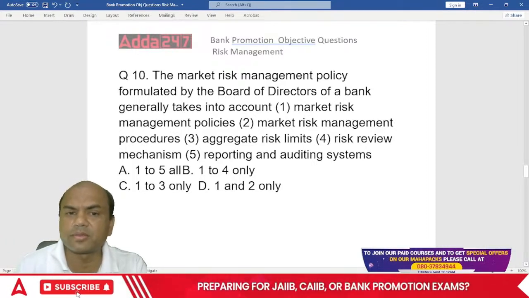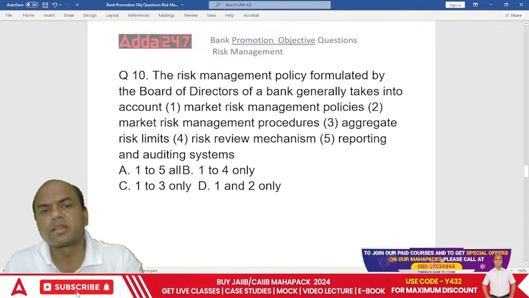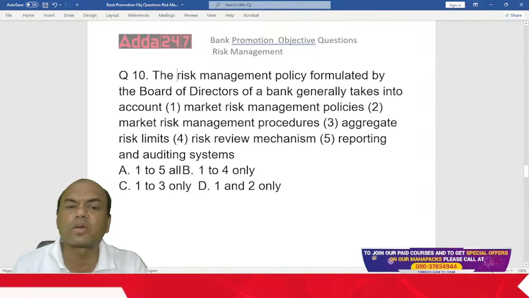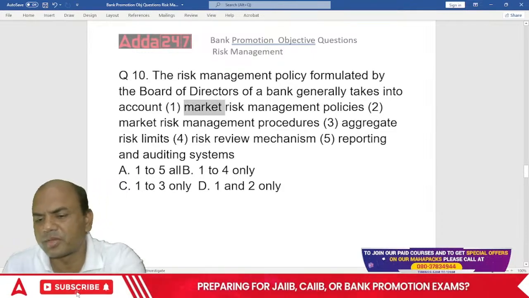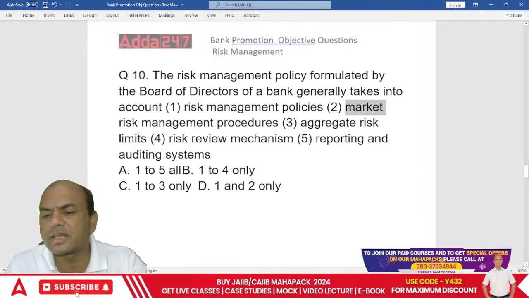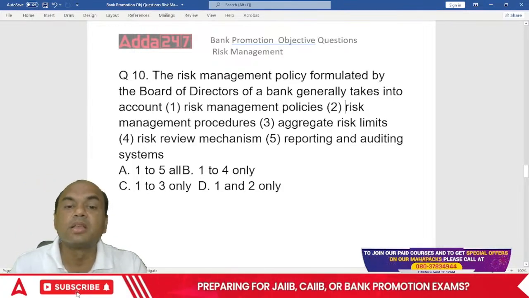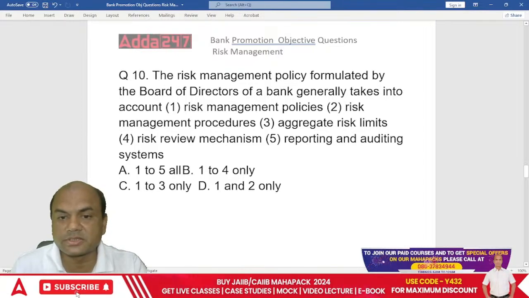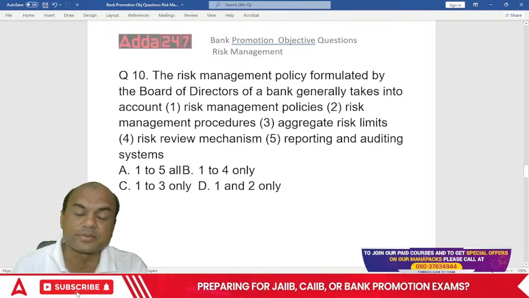Not only market risk, forget this: the risk management policy. The risk management policy will take into account what? Remove all this market; the same logic applies to all of them. All the risks are of the same format only. Risk management policies, risk management procedures, aggregate risk limits, risk review mechanisms, and reporting and audit systems.